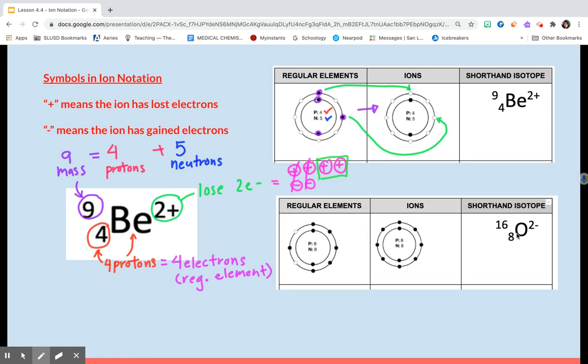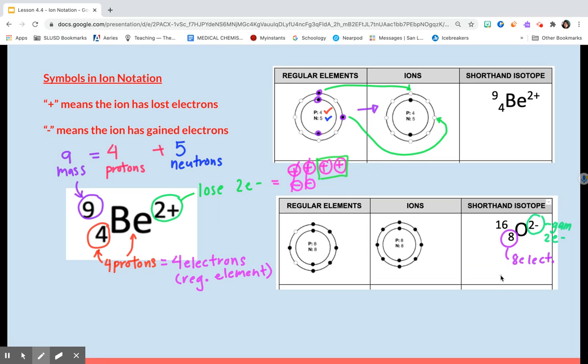So let's just look at the electrons for now. So this means I have 8 electrons. And up here, where it says -2, notice that minus means the ion has gained electrons. So it's going to gain 2 electrons.